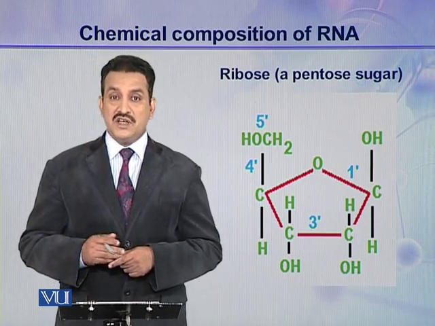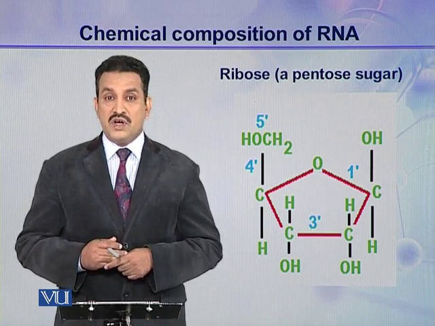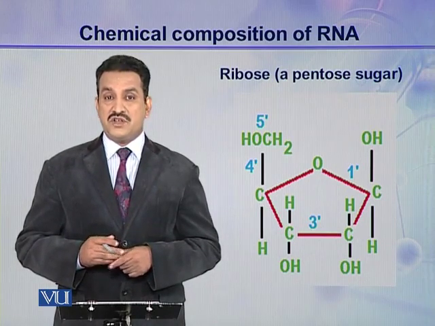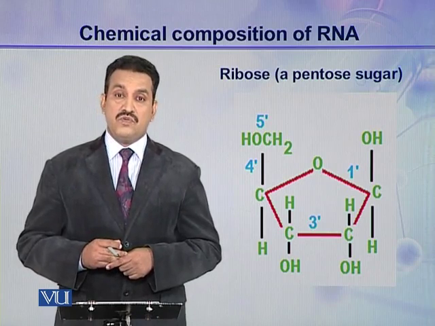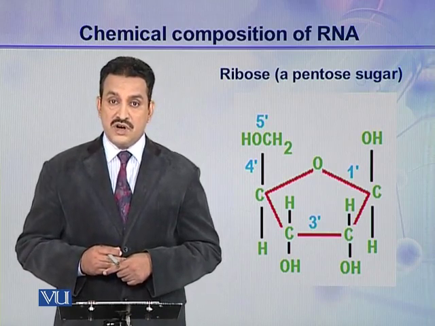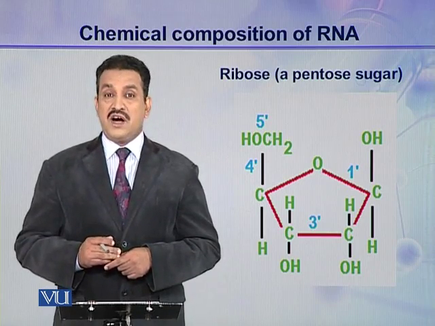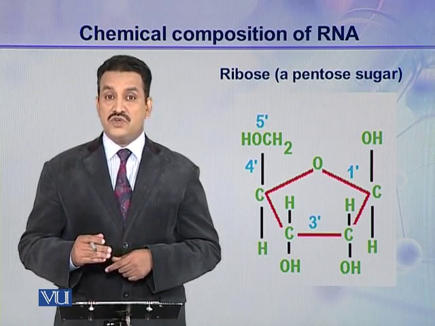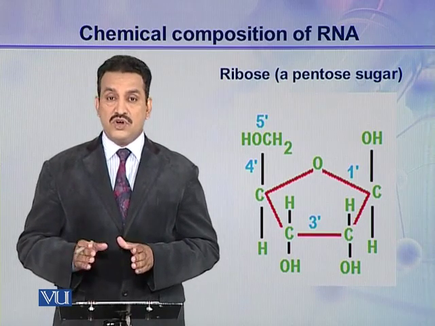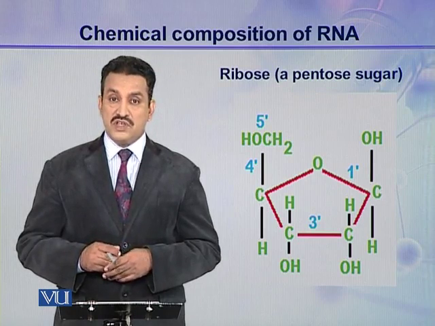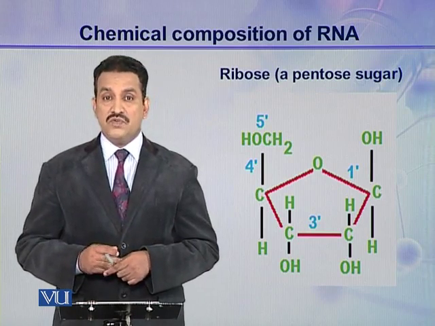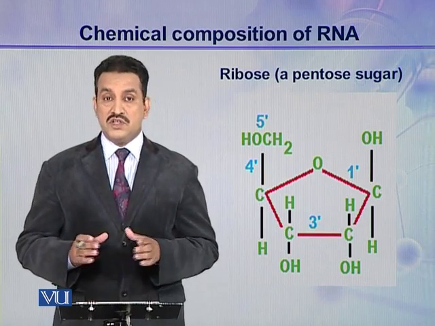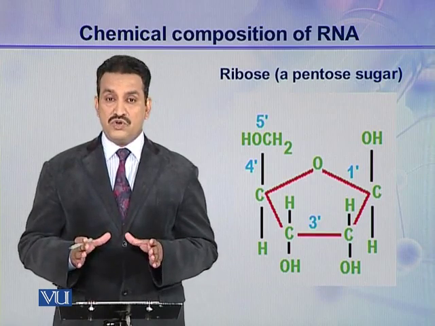You can see at carbon number 2, an OH group is present here, but in case of deoxyribose sugar, only hydrogen was present, oxygen was removed. So here the pentose sugar is ribose instead of deoxyribose. This is the first component of a ribonucleic acid.